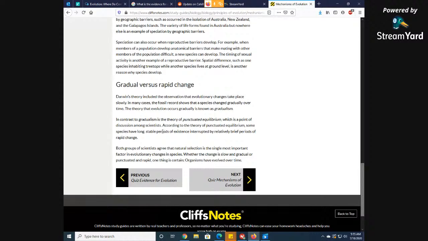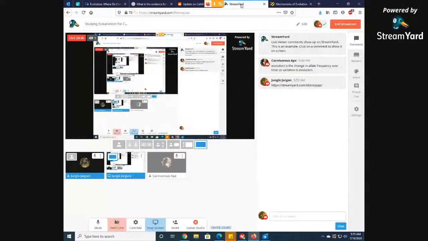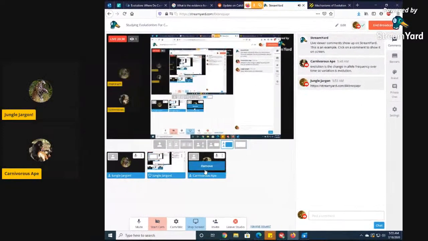According to the theory of punctuated equilibrium, some species have long stable periods of existence interrupted by relatively brief periods of rapid change. Both groups of scientists agree that natural selection, because they got to get some change in there somehow, because it's not changing.